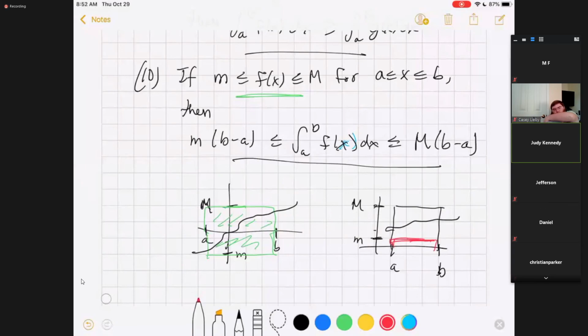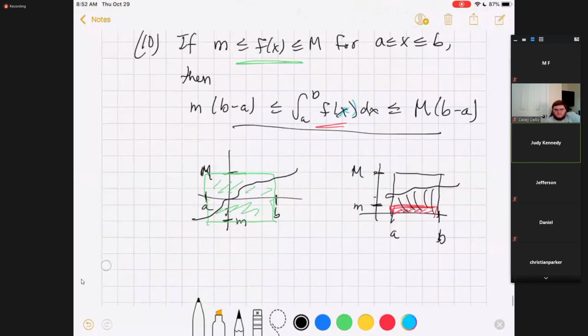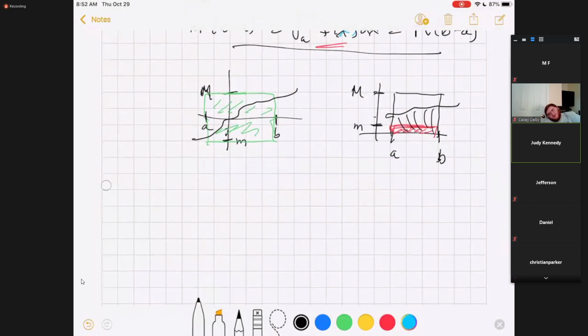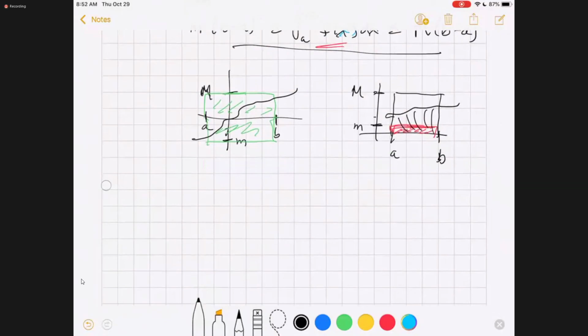The area under the curve is going to be somewhere between the area of the red rectangle and the area of the black rectangle, because that would correspond to the area under the curve, which would be the area of that region. Okay. And I think that finishes it.